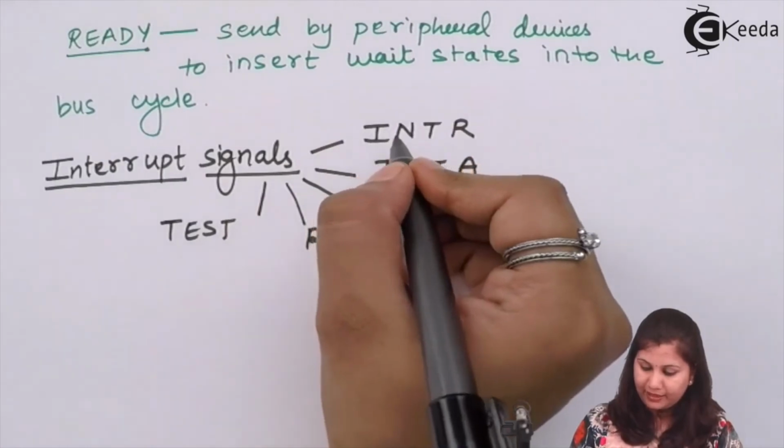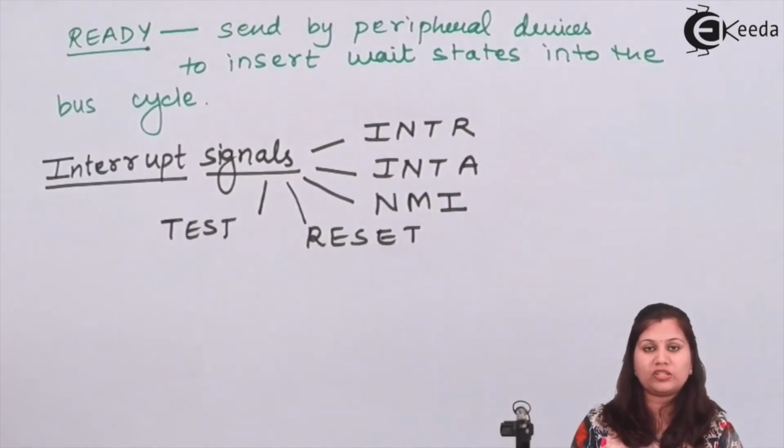This INTR is the interrupt request which is given by some peripheral devices to the microprocessor which wants to interrupt the microprocessor.